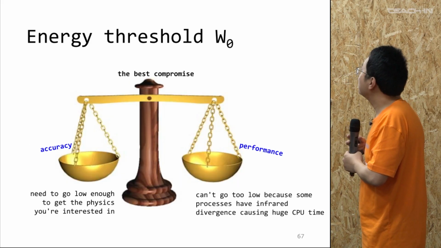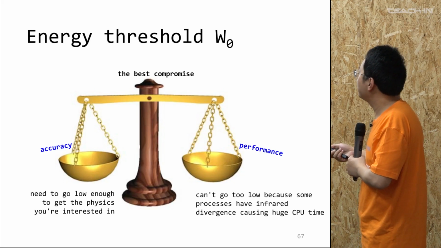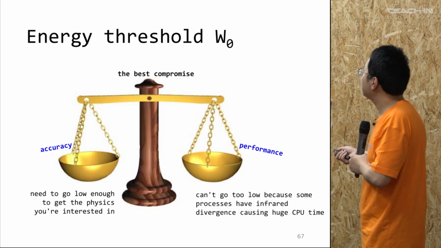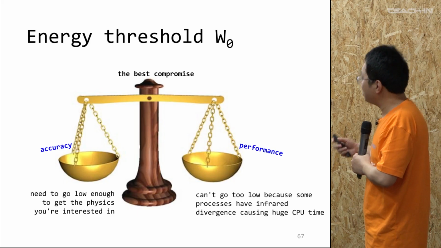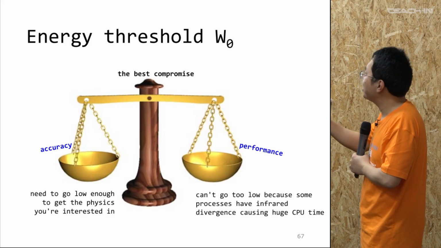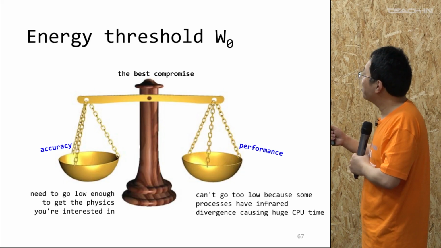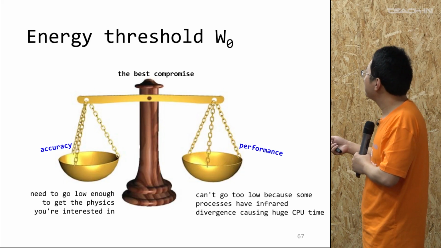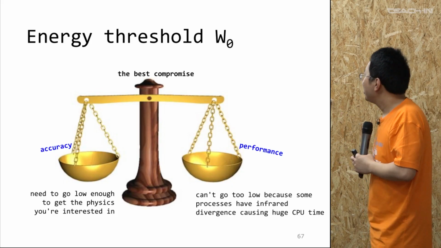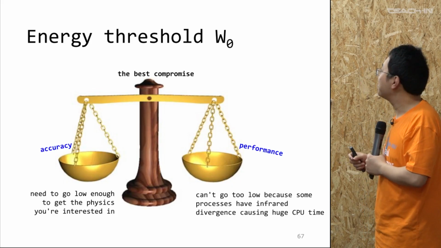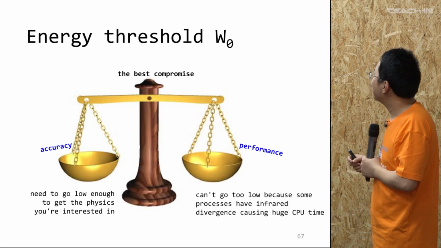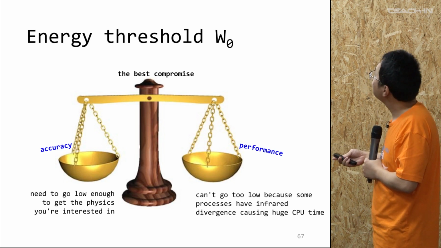So we always need to do the balance between the accuracy and the computing performance, because if we have a very small production cut, maybe it is very accurate, but it will take a huge CPU time. So that is not affordable. So we need to do the balance.